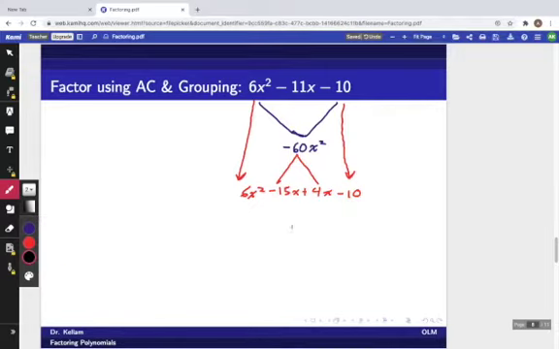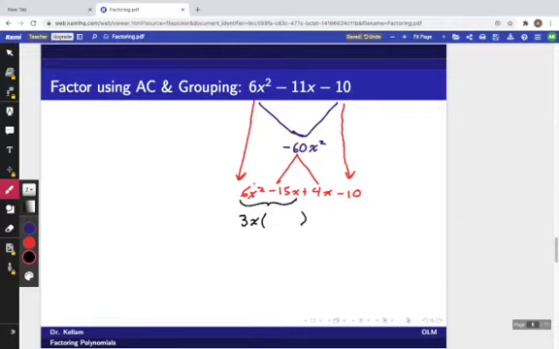Now, let's look at this. We're going to group these terms. So we're going to start off by looking at these first two terms and asking ourselves, what is their greatest common factor? Well, I can tell that both numbers are divisible by 3 because 6 and 15 are divisible by 3, and both terms are divisible by x because both terms have an x.